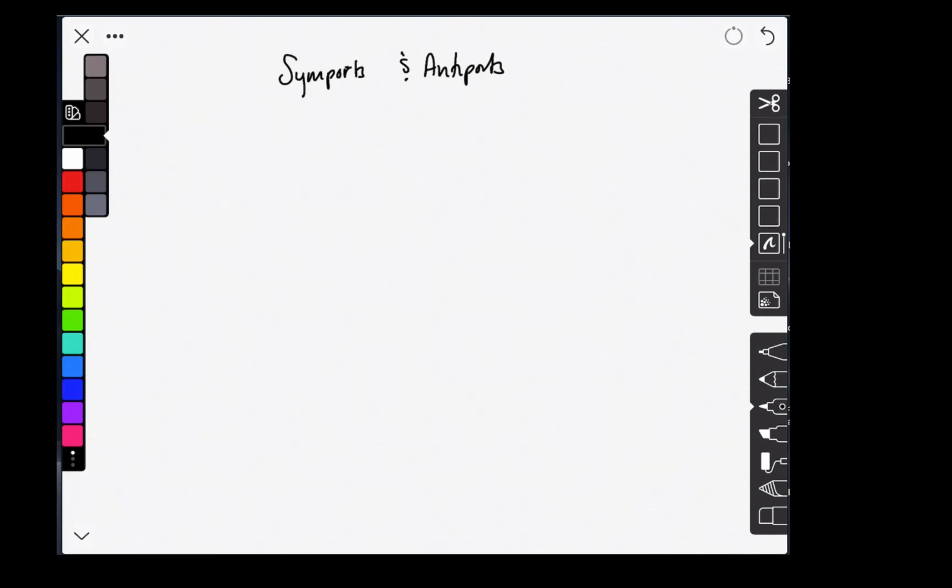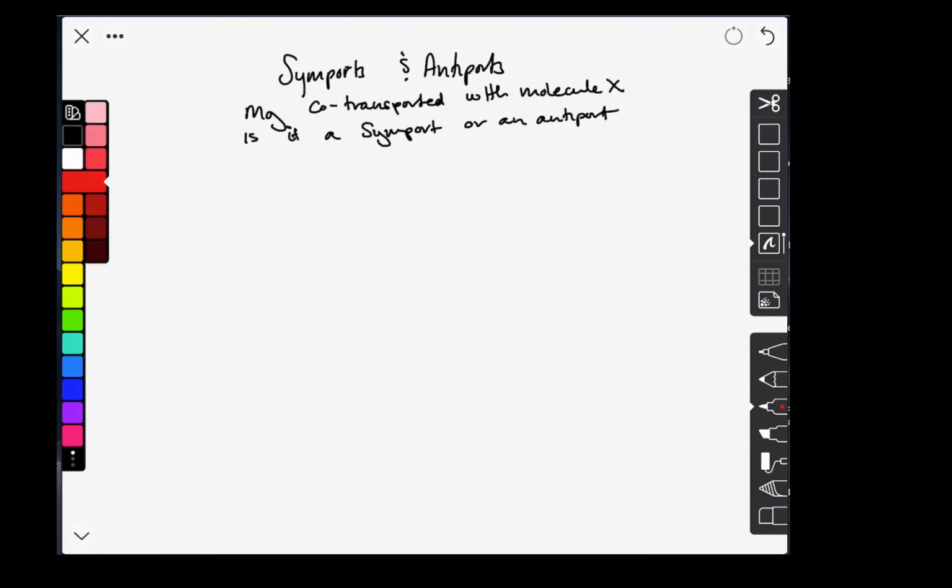And the question stated that magnesium was co-transported with molecule X, and that you had to design an experiment to determine: is it a symport or an antiport? So the important thing to do here is to start with the definition.